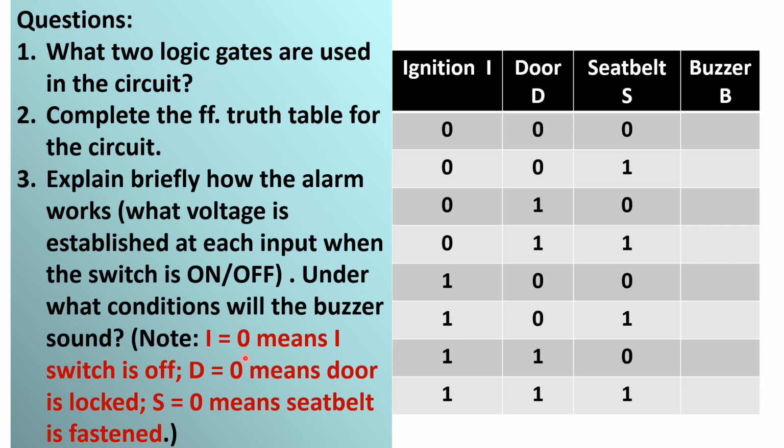And remembering that if the ignition input is at logic 0, that means the ignition switch is off. If the logic state for the door switch is at logic 0, it means that the door is locked.